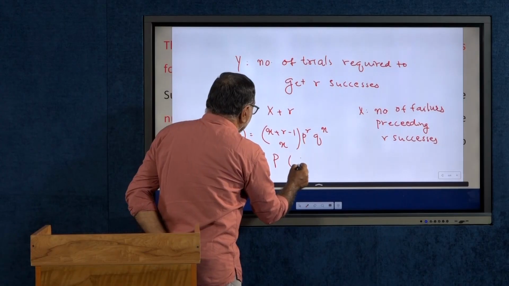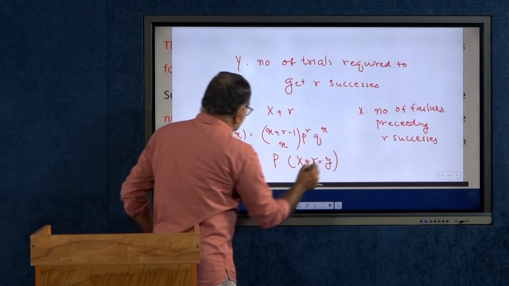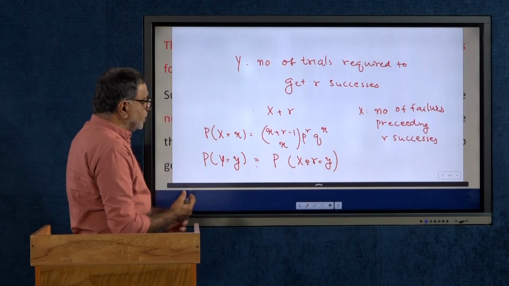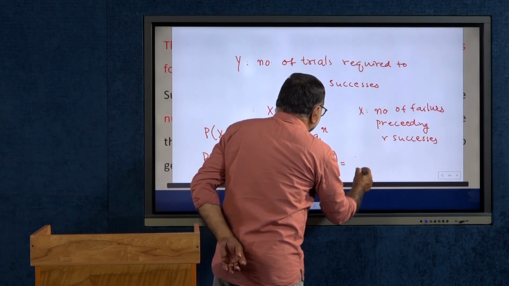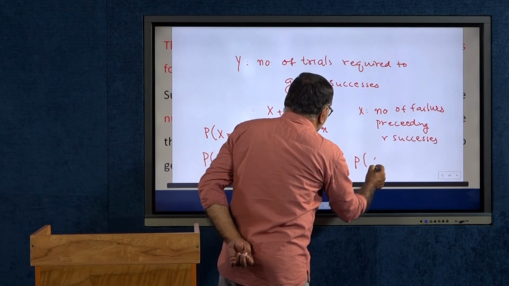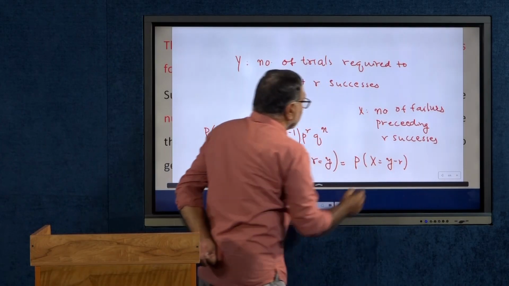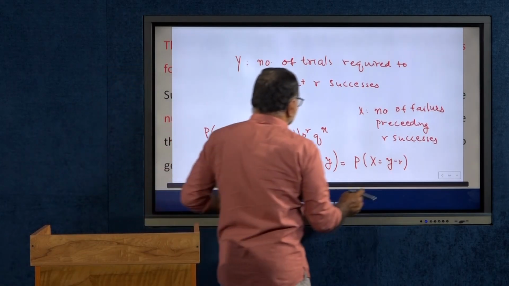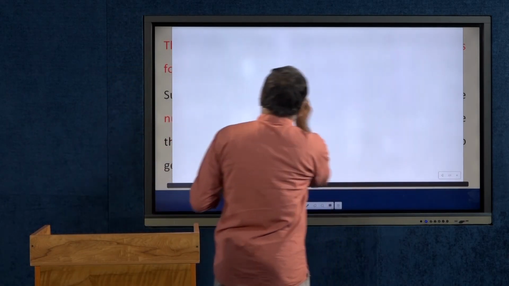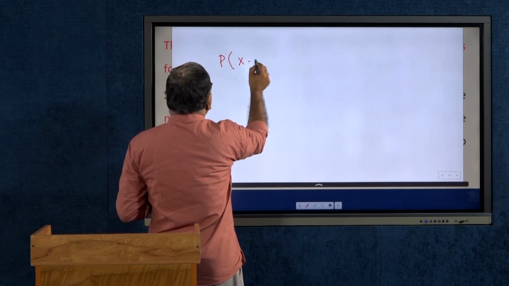Y is our x plus r equal to y. Probability of y equal to y means probability of x plus r equal to y, and that can be represented by probability of x equal to y minus r. So we have probability of x equal to y minus r.